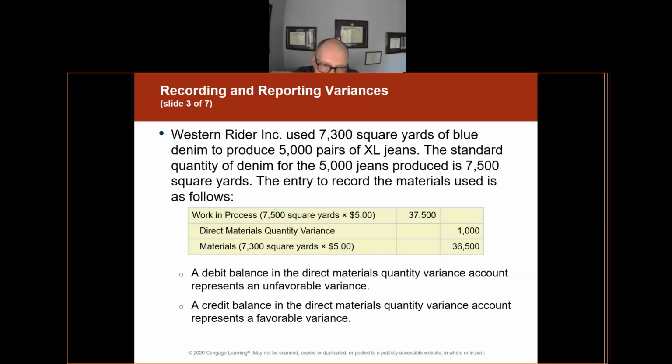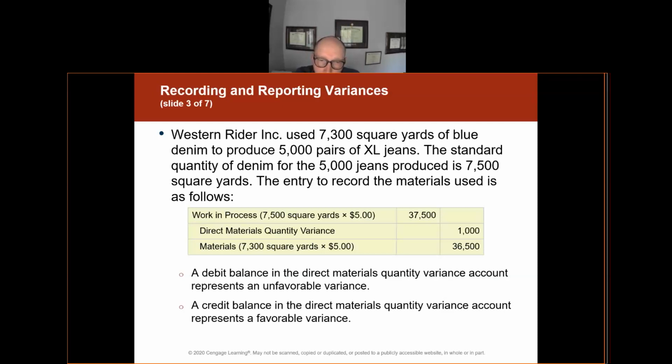We credit materials, these materials actually used, 7,300 square yards times the standard price, $5 per square yard. We credit raw materials 36,500, and we credit the direct materials quantity variance of 1,000. How 1,000, you might be asking?